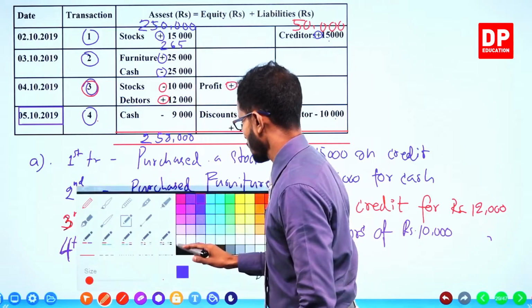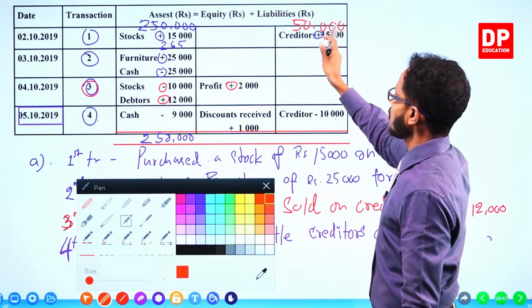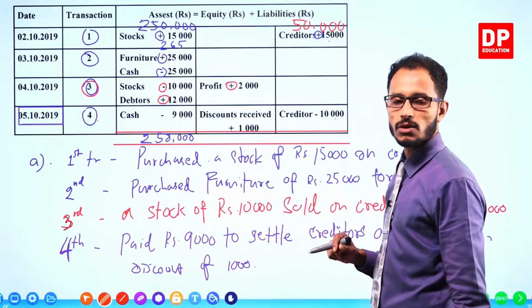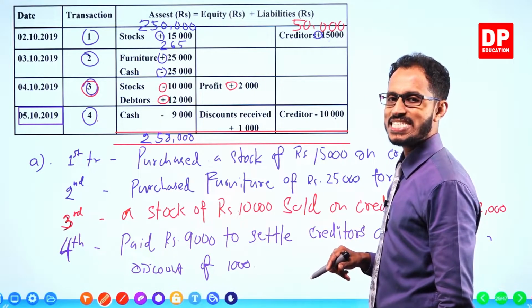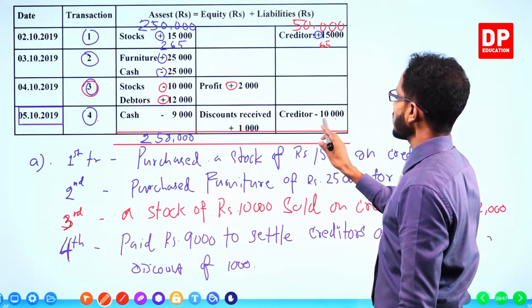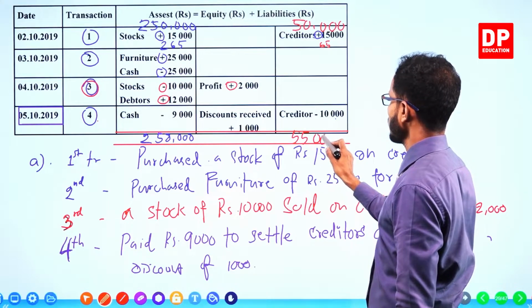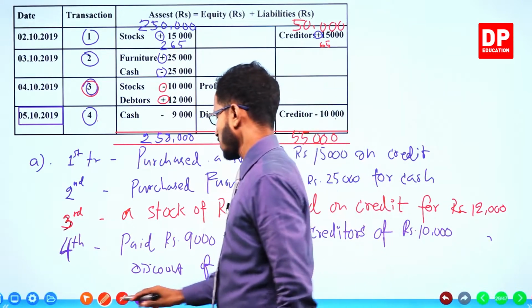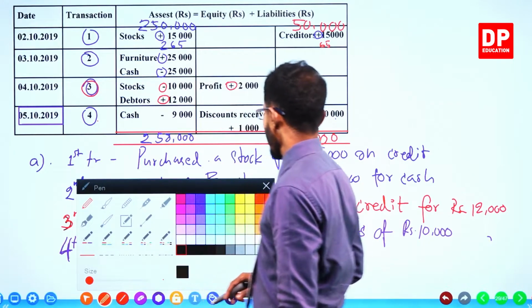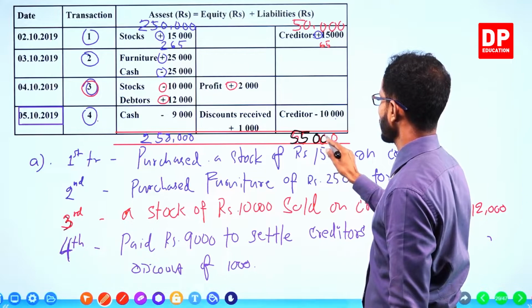You got the calculation right? 50,000 on top plus 15,000 is 65,000, minus 10,000, 55,000 we get as the liabilities.